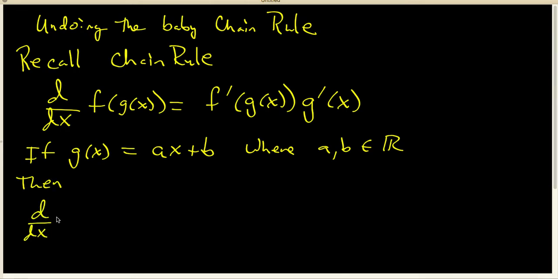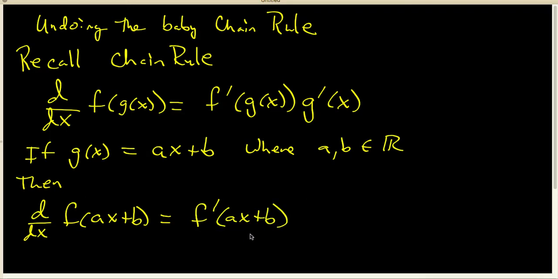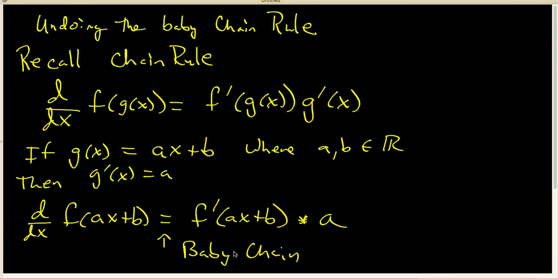It says that d dx of f evaluated at ax plus b will be equal to f prime evaluated at the linear function times the slope of the linear function, because the derivative of a linear function is just the slope of that function. This fact is sometimes referred to as the baby chain rule, and we're going to look at some examples of the baby chain rule and then undo them as integration facts.